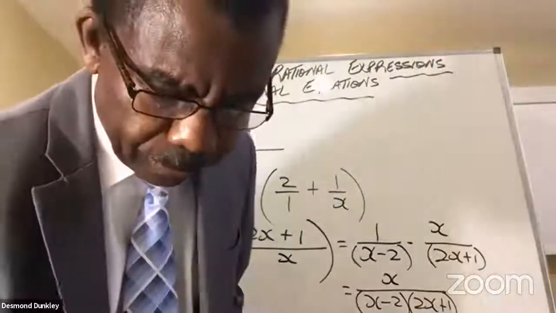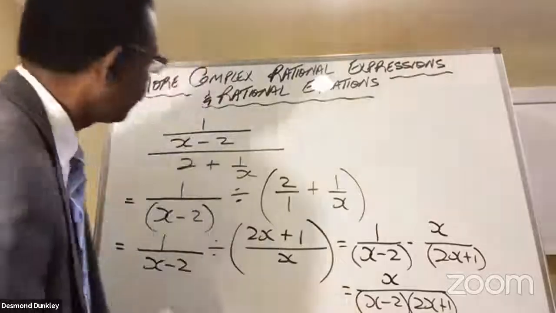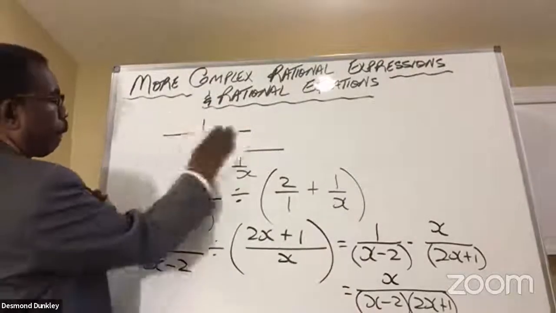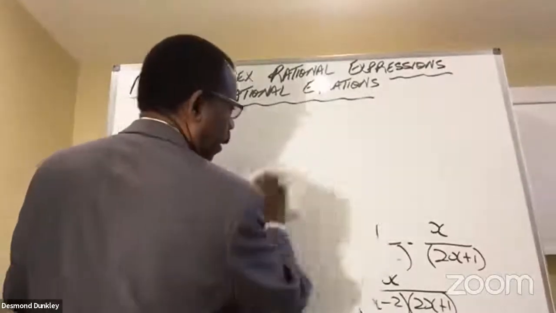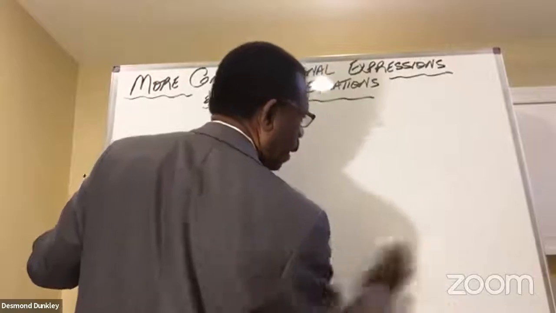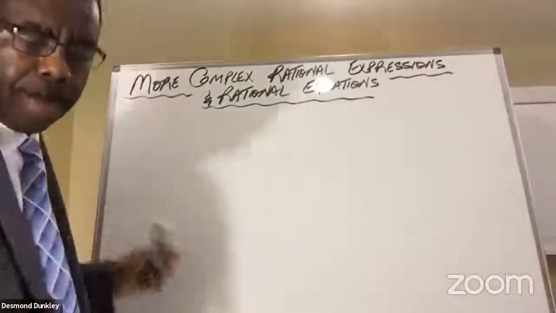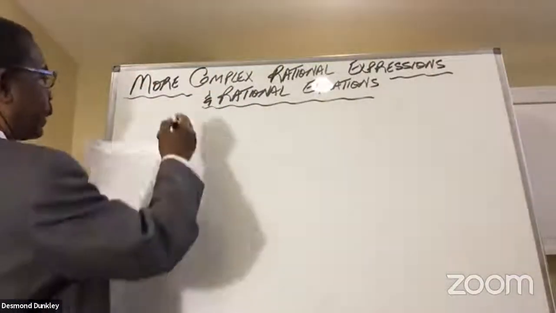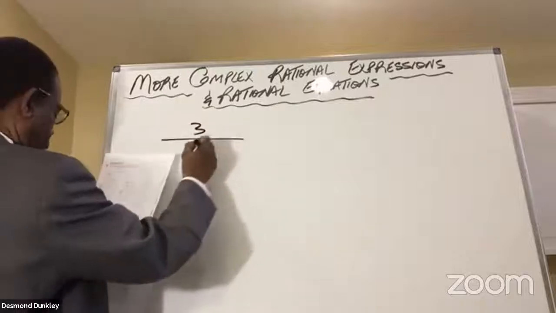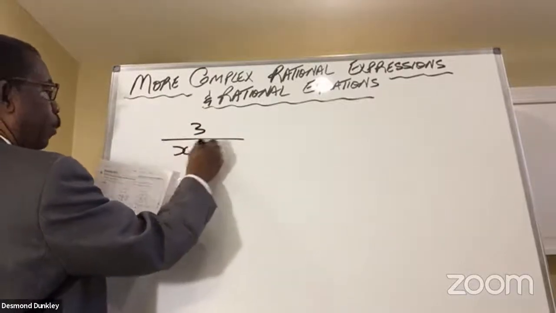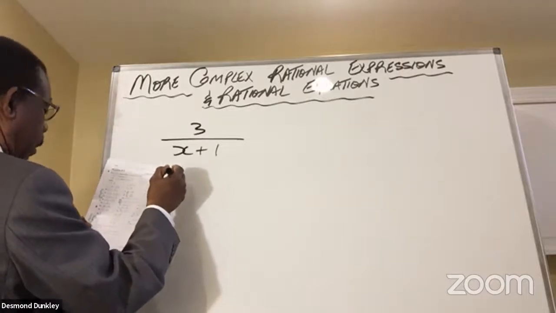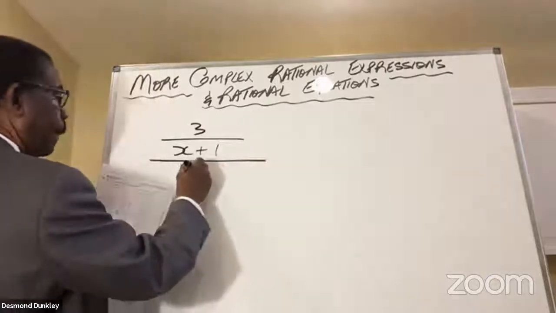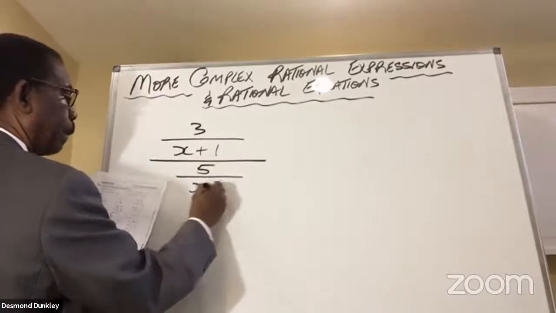Okay, I think we need to do one more question similar to this. Let's see this question. 3 over x plus 1 over 5 over x minus 1.